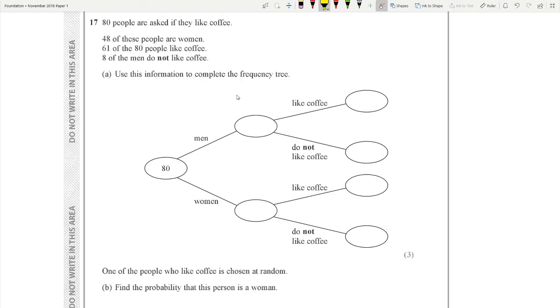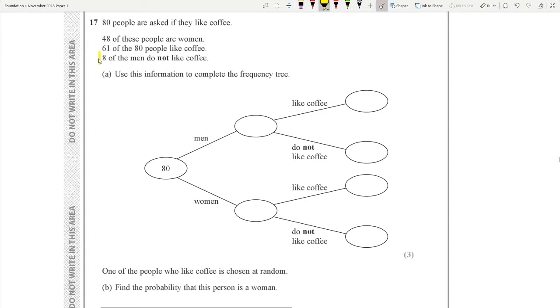So looking at this question here, we're told that there's 80 people asked if they like coffee. 48 of these people are women, so in total there's 48 women. 61 of the 80 people like coffee. 8 of the men do not like coffee, so we can do this one first.